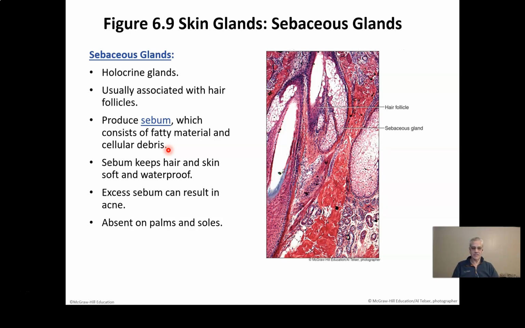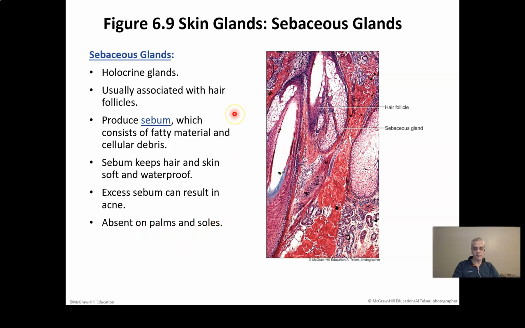It's pretty water resistant. A disease associated with the excess production of sebum is acne. This is another reason to keep your skin clean. And there are treatments for the excess production of sebum, which leads to acne. But remember, it's absent on palms and soles.